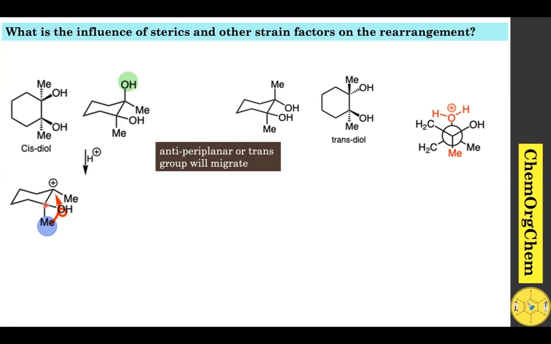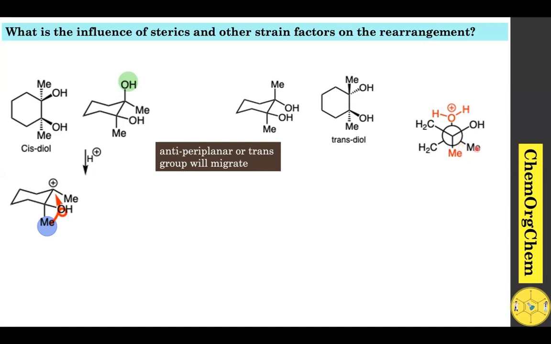Now you go for the front side carbon. In this carbon, the methyl group is at the bottom, the CH2 group on the left side and the hydroxy group on the right side. Now you see this methyl and this protonated alcohol are present in the anti-periplanar or trans position.